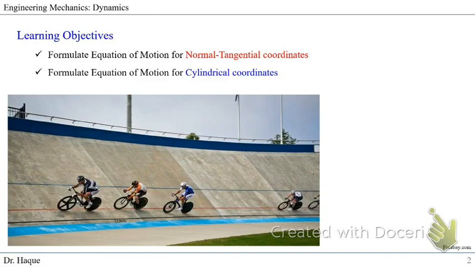Like I said, for example, these bikers are biking on a path that has a banking angle. Since they're not on a straight path, they will have normal and tangential components of their motion.